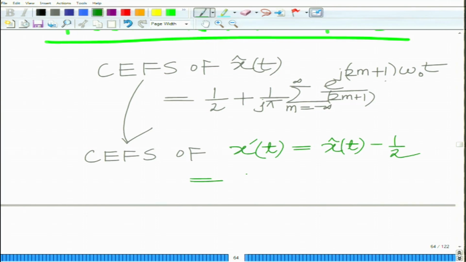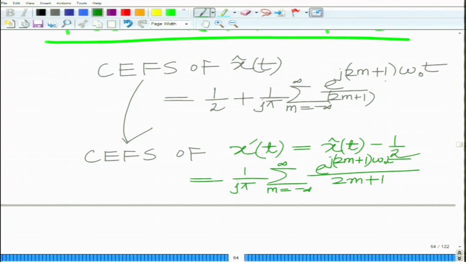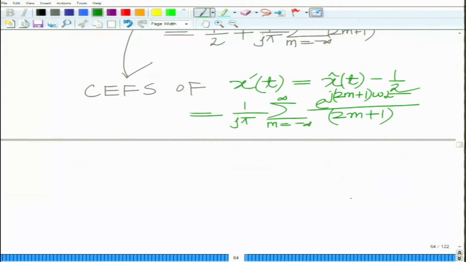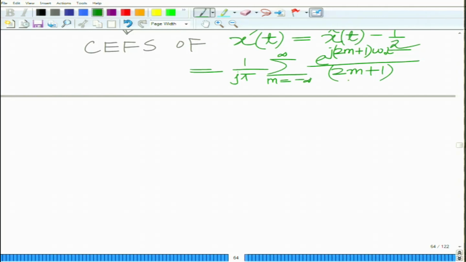Subtracting half, you can readily see that that is 1 over j pi, summation m equals minus infinity to infinity, e raised to j 2m plus 1 omega naught t by 2m plus 1. So, we have been able to derive the complex exponential Fourier series of x prime t.